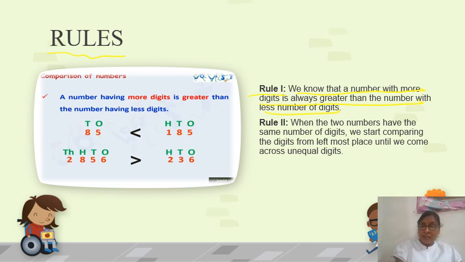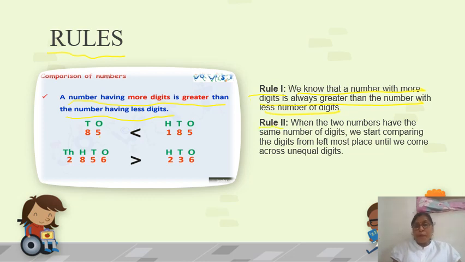The next image, you see how many digits in this number? It is 4. And here, how many digits? 3 in this number. A 4-digit number is greater than a 3-digit number. A number having more digits is greater than a number having fewer digits.